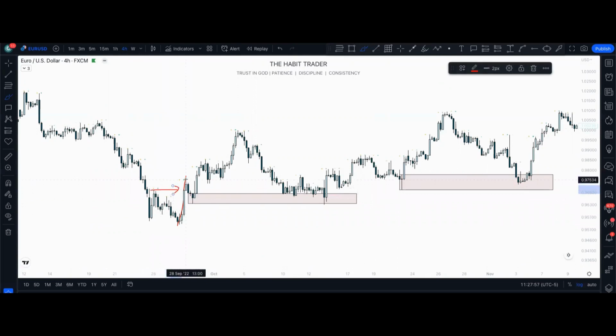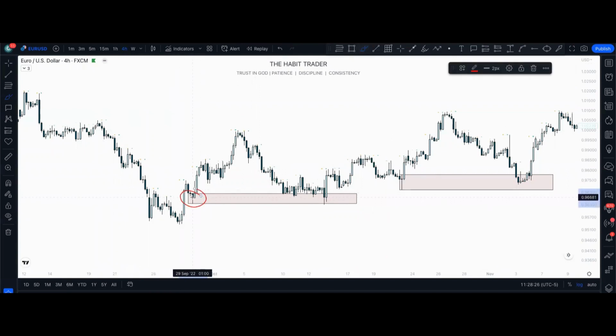And then it comes back again, or it corrected this area. If you check it with your Fibonacci tool, it actually touches the 50% of this move. So during the 50% move, it creates this demand zone, right? This one.